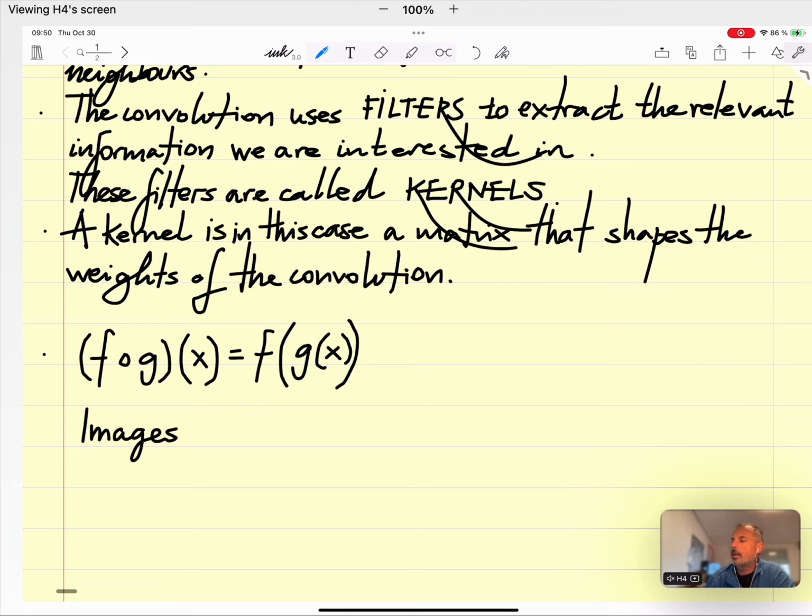Image processing is the most visual example. That's why we do it. We can do it with other domains, but image processing is the easiest. But what is the domain? What is an image?